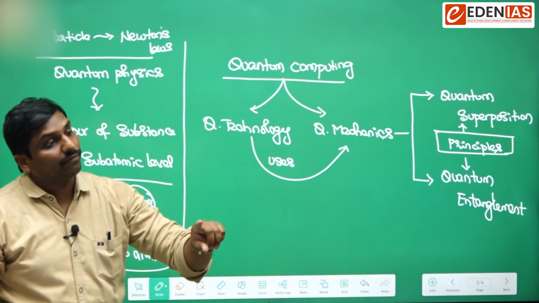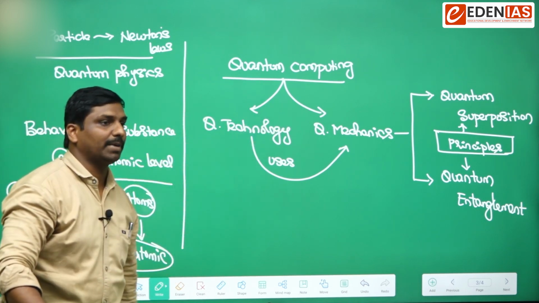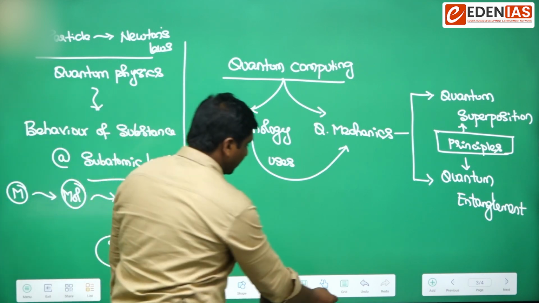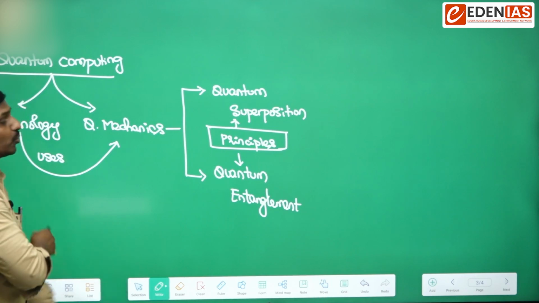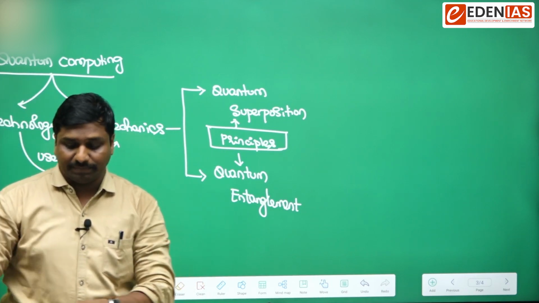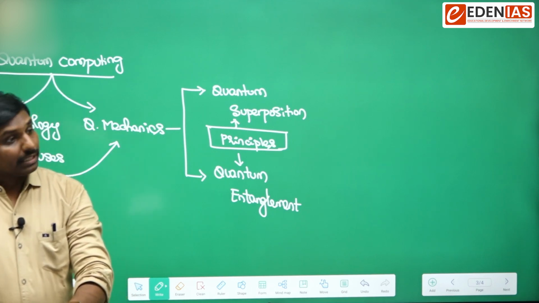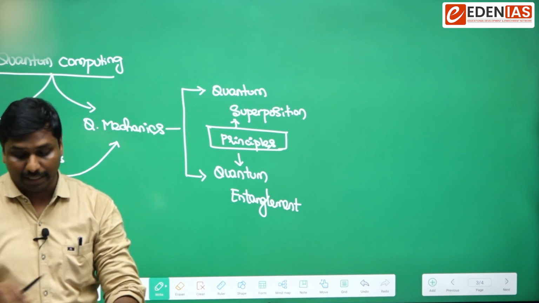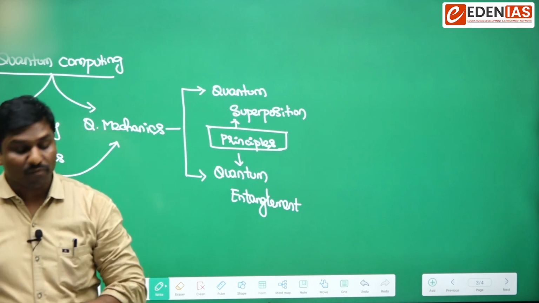Rather, they will follow something else called quantum principles. So what are those quantum principles? One is quantum superposition. So what is quantum superposition? When you talk about subatomic particles, the matter at subatomic level, it behaves in a different manner.